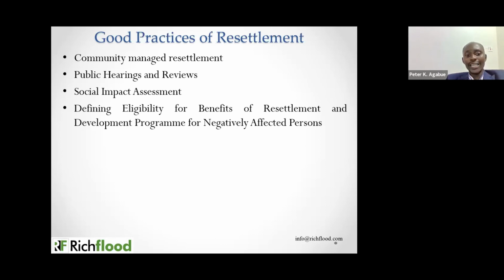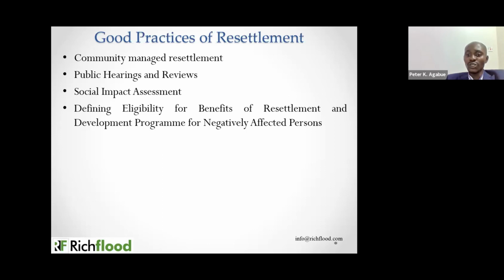The social impact assessment. This is the assessment of the project, assessing the social aspect, the social view of the project, bringing estimation of the effects of the project on affected persons. And it is imperative that there should be a detailed assessment of the socio-economic condition of the people who may be negatively affected.